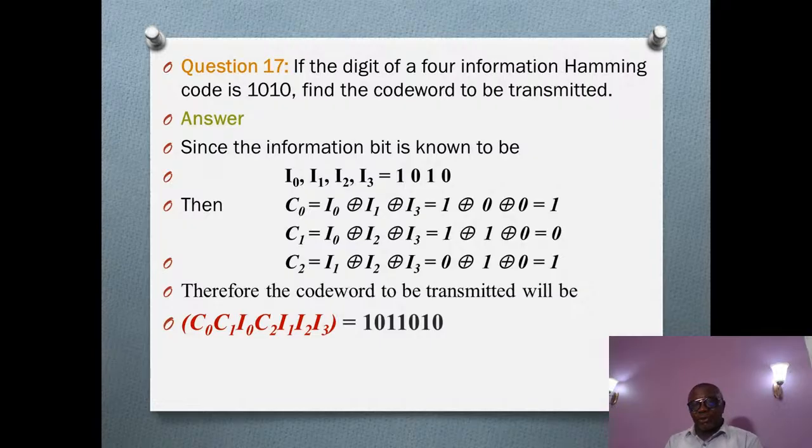gives you also 1. Now, if you look at it, you see that when we were treating the logic gate, modulo 2 is the same as the exclusive OR gate.